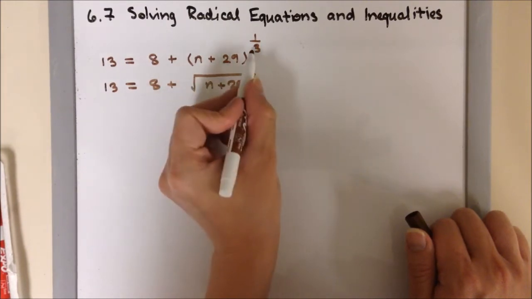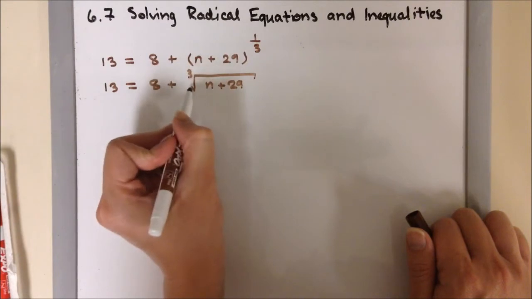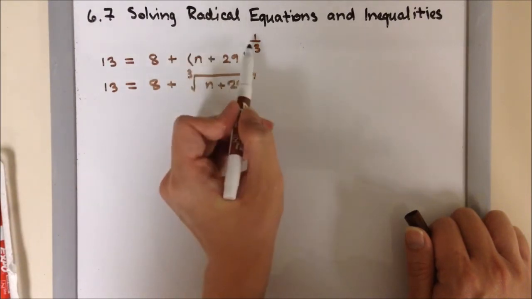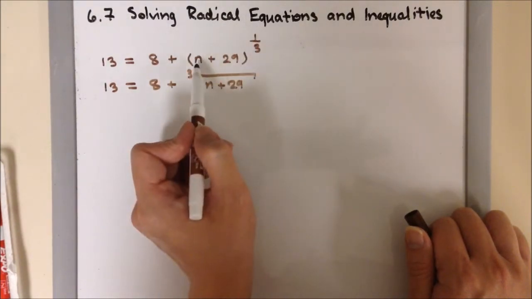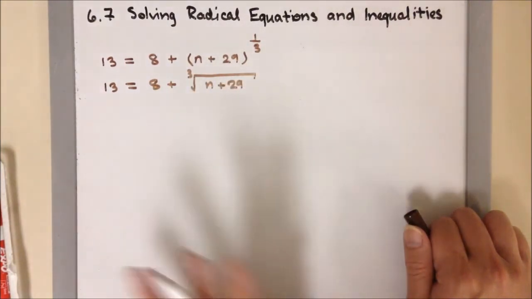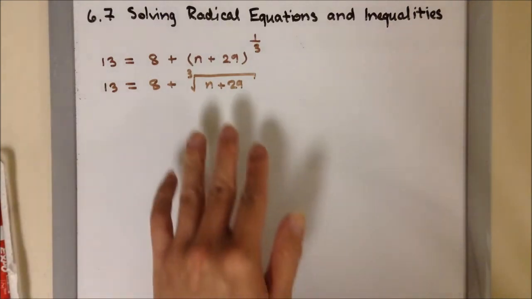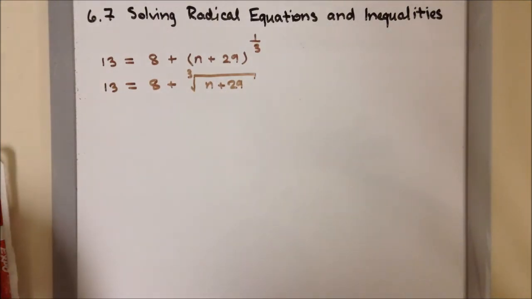Now don't forget, my denominator of the rational exponent is 3, so I have to have this 3 saying I'm doing the cube root. Since my numerator is 1, I'm simply going to write the inside, n plus 29, without the parentheses. No need for parentheses. After I convert into radical form, in this case the cube root, we need to get the cube root by itself.